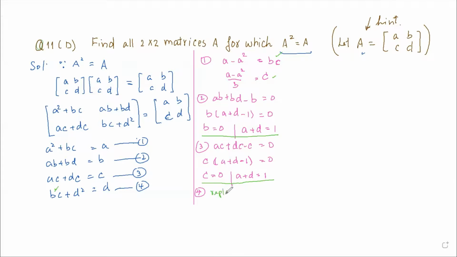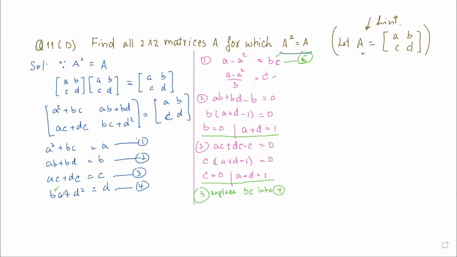So I say, maybe I label this one as 5, right? From equation 5, replace BC into equation 4.